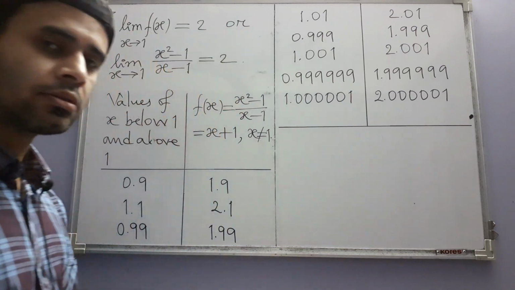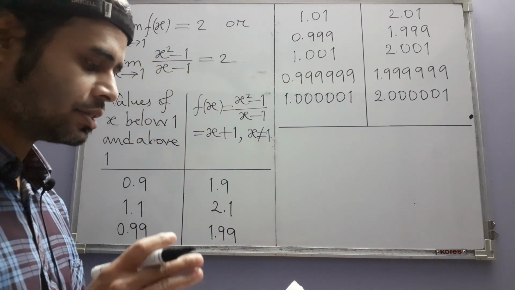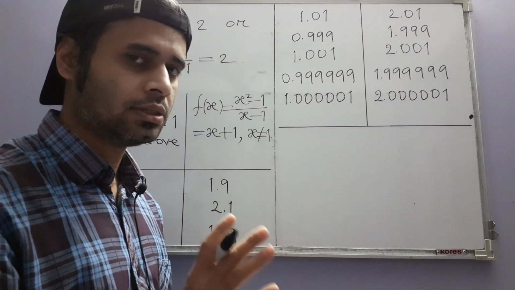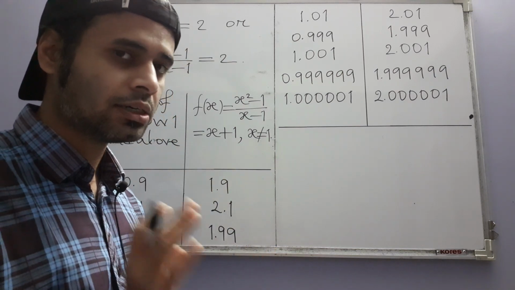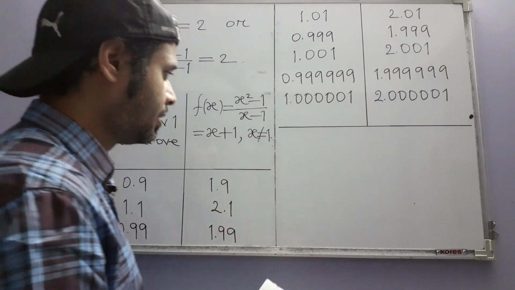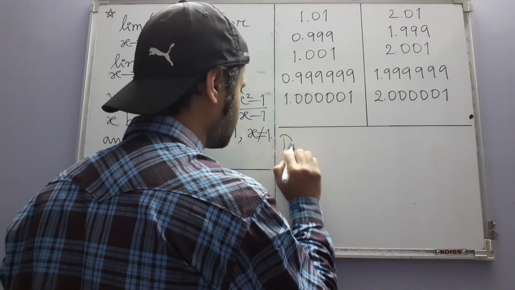Now based on all of these, there is this next definition, which is a definition of limit, but it's informal, and the definition goes like this.